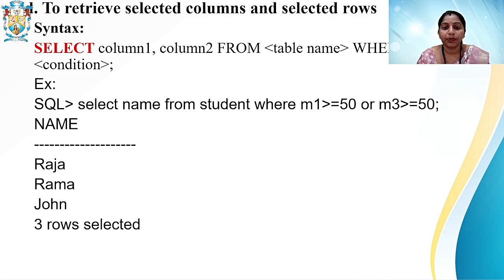That is, we'll be selecting name from the student table, and the condition is that the student has marks greater than or equal to 50 in M2 or M3. So what happens here is, if either of the conditions is true, the value will be displayed.